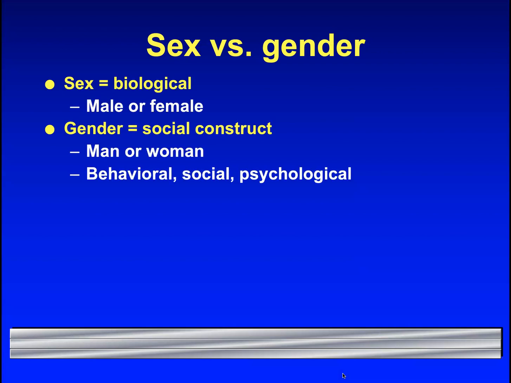Sex and gender are different things. Sex is biological, male or female, and that's based on more anatomy and chromosomes and hormones even, but there's a continuum. It's not as black and white as we think. Gender, though, that's a social construct. That's how we describe somebody as a man or woman. And that's going to be the way we behave, the way we interact. That's a societal thing.